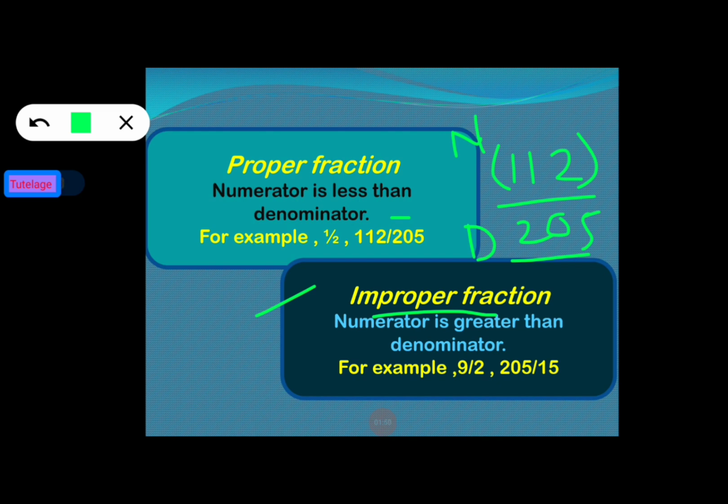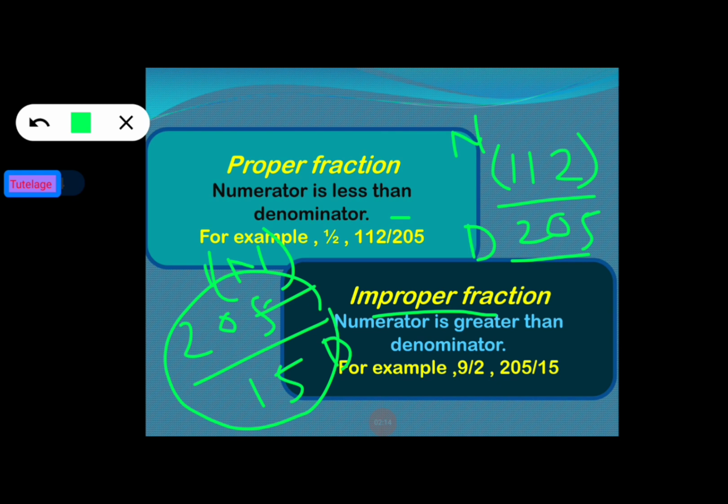Now look at the example: 205 is the numerator and 15 is the denominator, and 205 is greater than 15. So the numerator is greater than the denominator, and that's why this type of fraction is called an improper fraction.